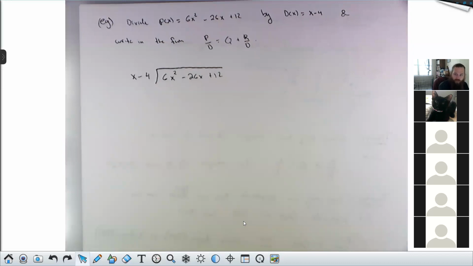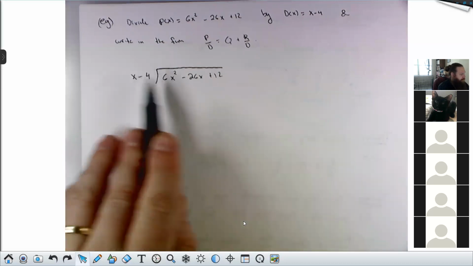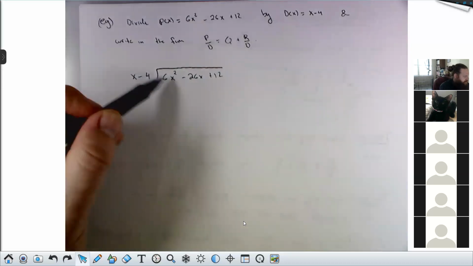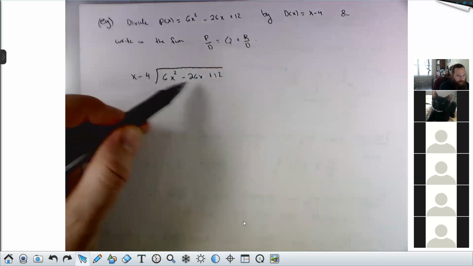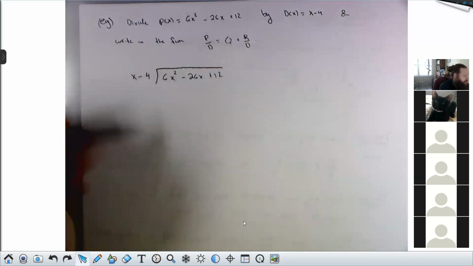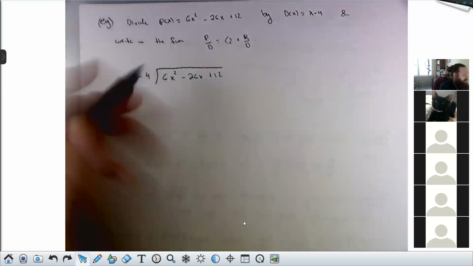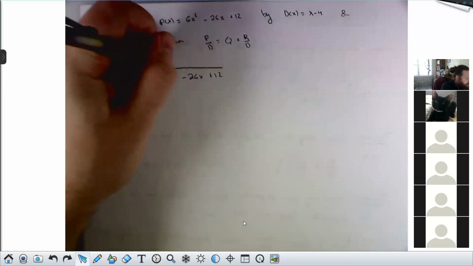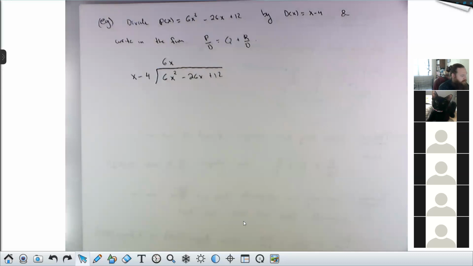And at each loop, you pay attention only to the highest order term. So I ask, what is 6x squared divided by x? I don't worry about the 4, and I don't worry about the other terms here. In other words, what do I need to multiply x by in order to turn it into 6x squared? Well, 6x, right? 6x times x would be 6x squared. So you put that up here.